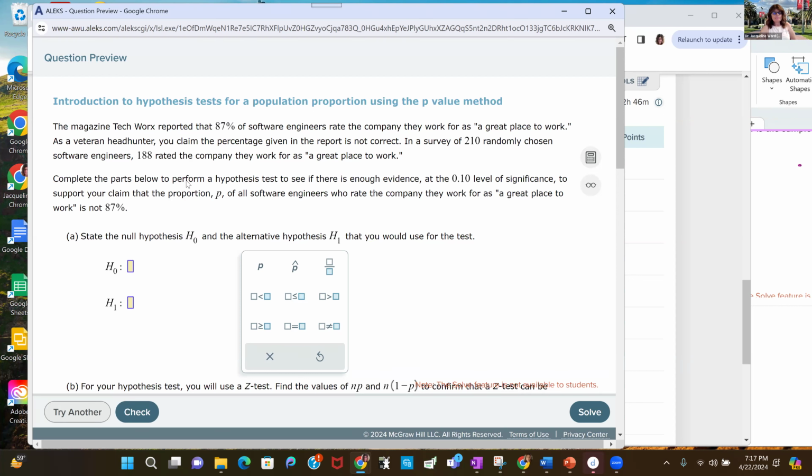So you do this survey, do a hypothesis test, see if there's enough evidence at the 10% level to support the claim that the proportion is not 87%. Okay, so the null is that it is, and the alternative is that it is not. Okay, so this is a two-tailed test.